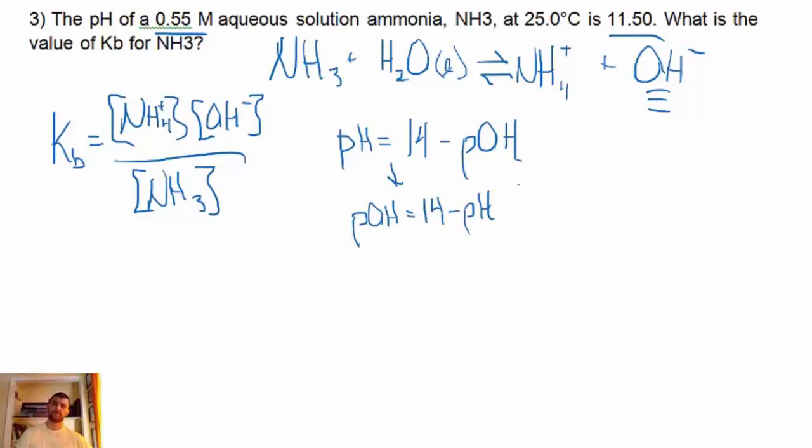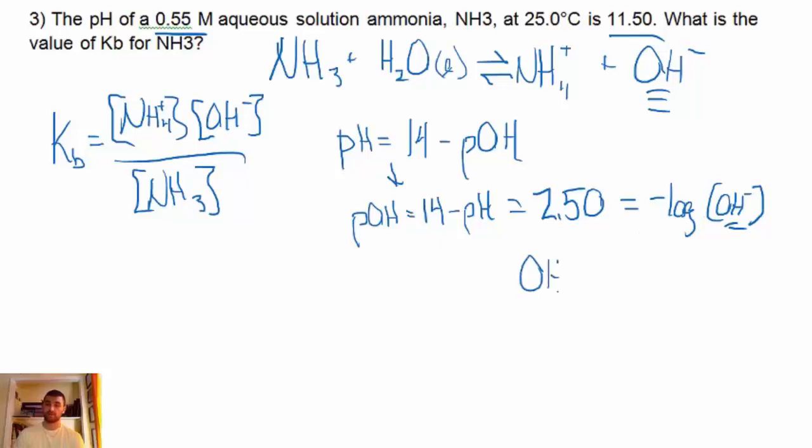If you don't understand why I'm using this formula, in a second you will. We plug that in to get the pOH, which is 2.5. The pOH is equal to the negative log of the OH concentration. So now we can figure out the OH concentration. OH is going to equal 10 to the negative 2.5, and that's just algebra from here.